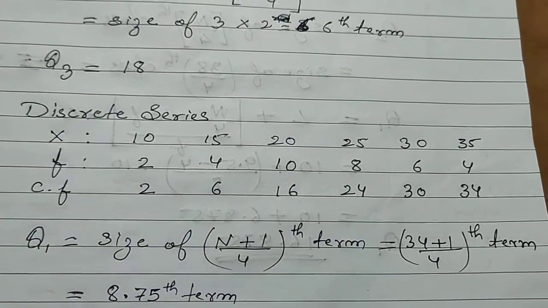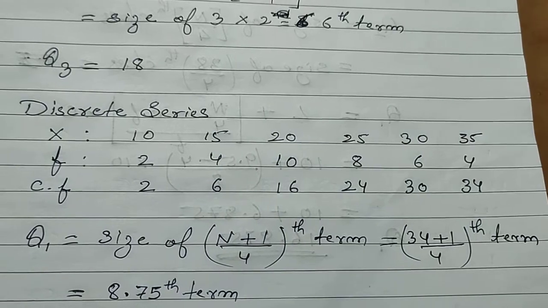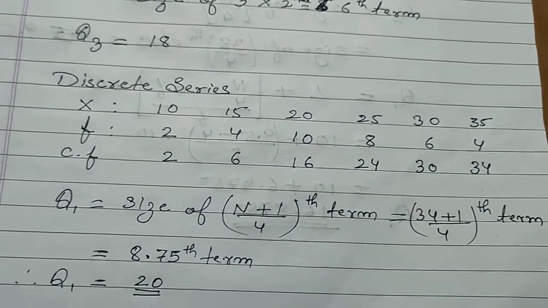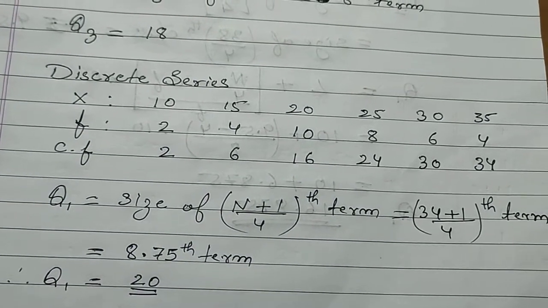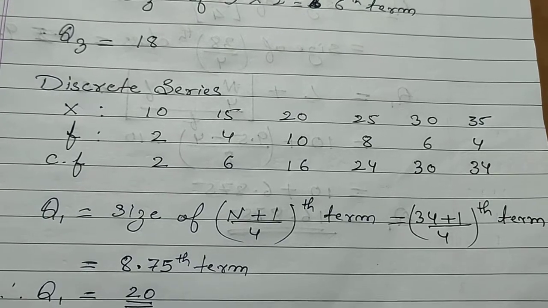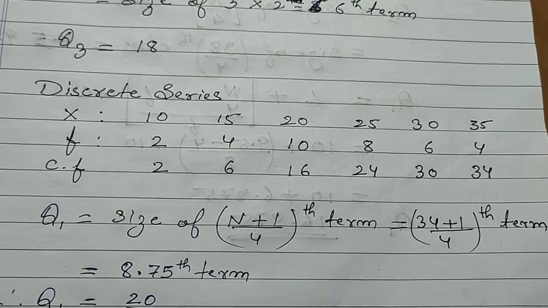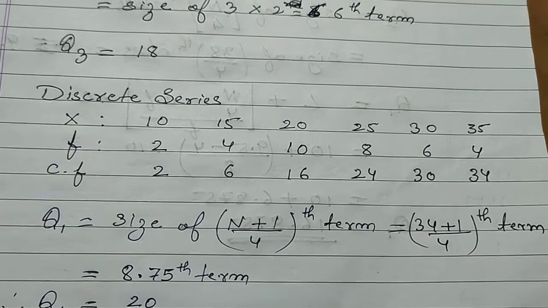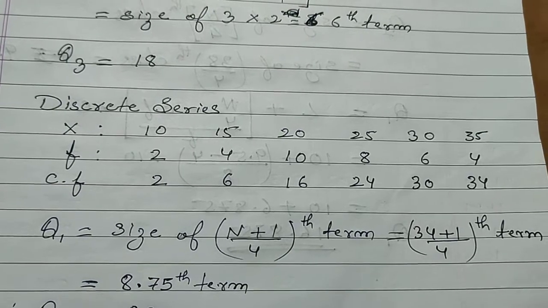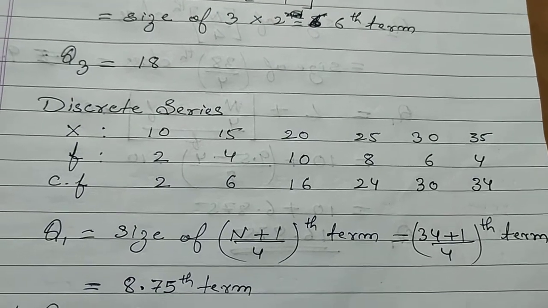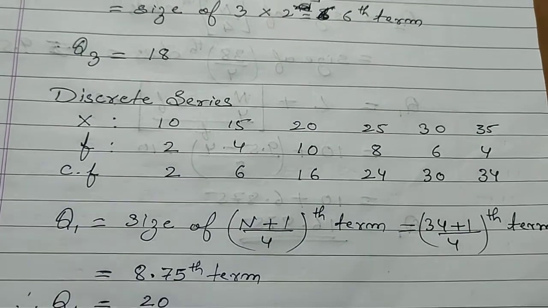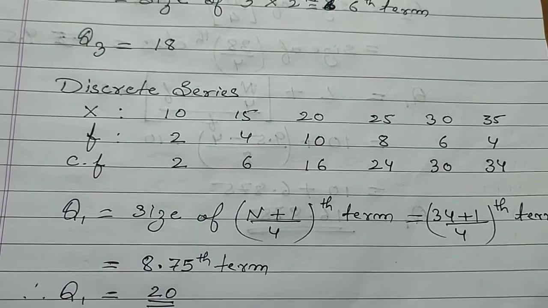For Q1, again we use the same formula: size of (n plus 1) by fourth term. Here we get the size as 8.75th term. We have to locate this 8.75 in the cumulative frequency. If this value is not there, we look at the next highest value after 8.75. That is 16, and the value corresponding to 16 is 20. So Q1 will be equal to 20.